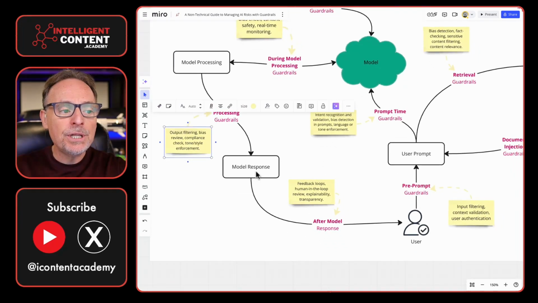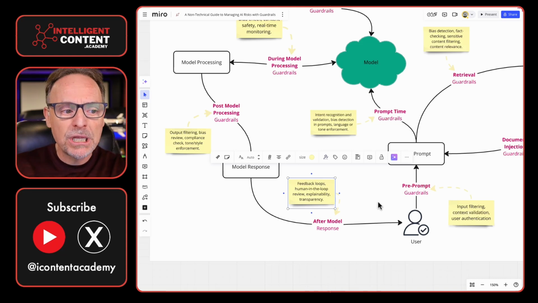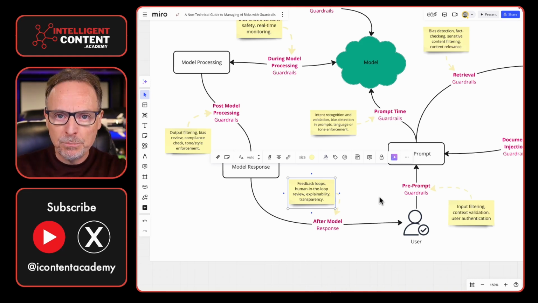And then when the model gives the response to the user, just before the user sees it, or actually after the user sees it, you can have feedback loops. For example, human in the loop review, you can explain how it came up with this. You can be more transparent within that.